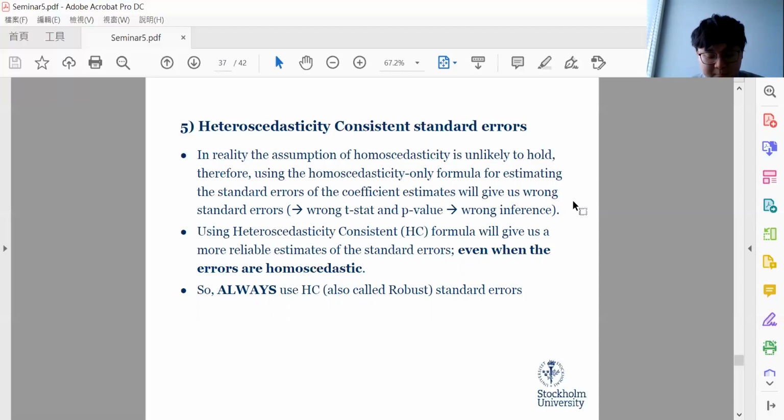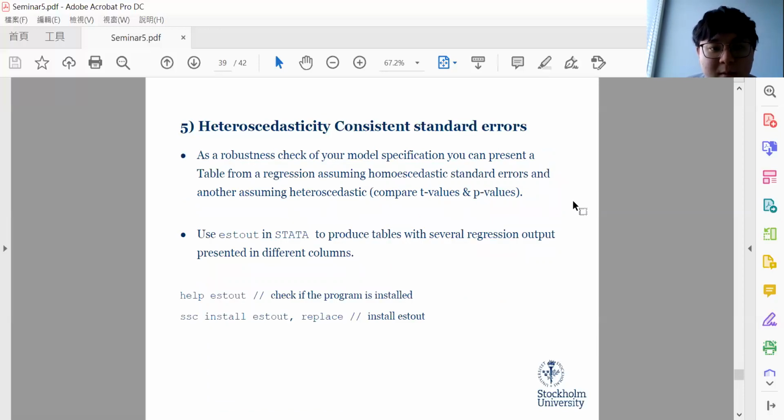So using the assumption of heteroscedasticity is always a safer option. This is also one way of robustness check. You can present a table from a regression assuming homoscedasticity and also heteroscedasticity, and compare the t values and p values, since we know that t statistics and p values depend on how your assumptions change.